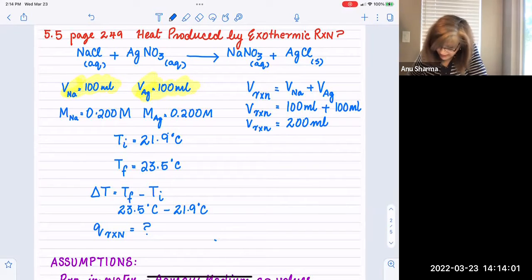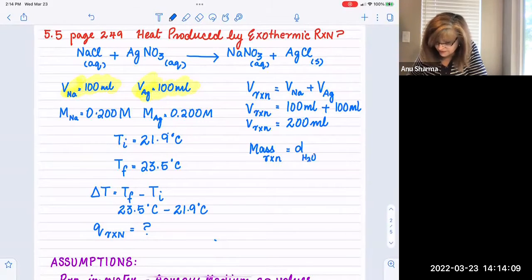Then the mass of the reaction is equal to the density of water times the volume of the reaction, which is 1.0 grams per milliliter times 200 milliliters.